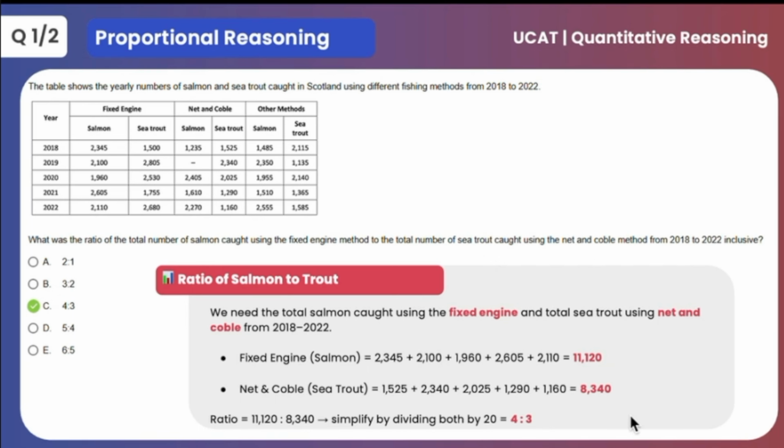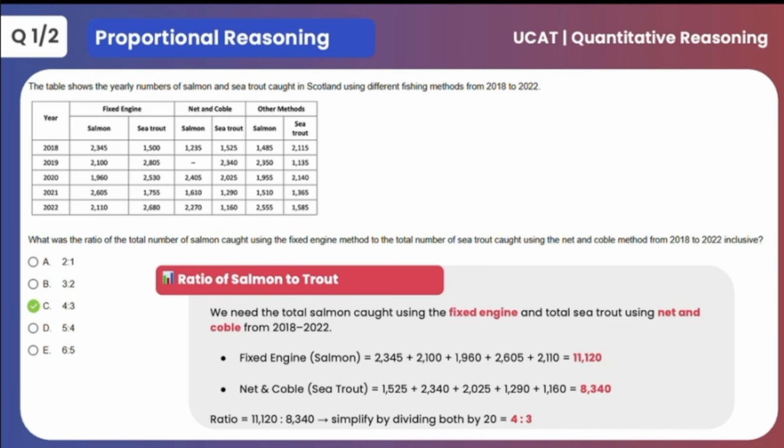Why did you divide by 20? No, we wouldn't be dividing by 20 to get the ratio. Well, the reason this example is divided by 20 is that you get to the simplest ratio of 4 to 3 when you divide 11,120 and 8,340.